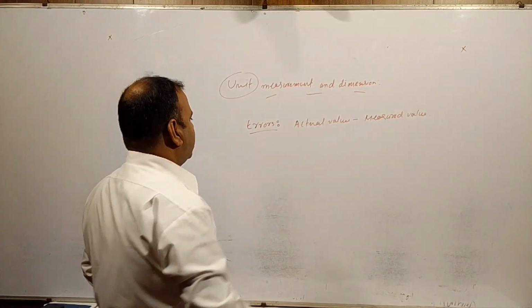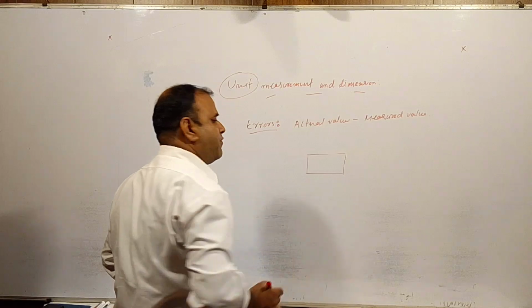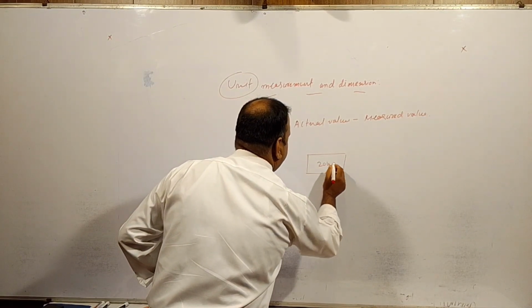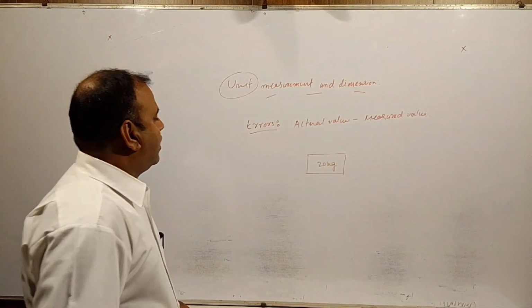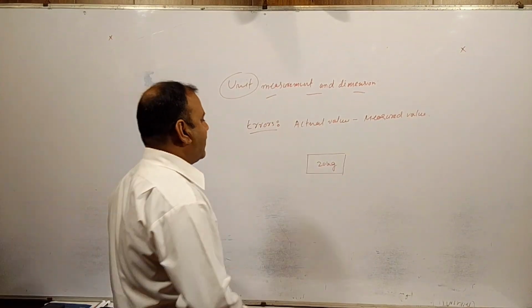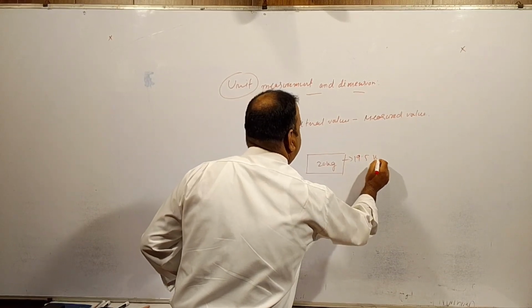Suppose you consider one object, any object manufactured by a company. Here it is given as, suppose, 20 kg. When you want to purchase this object and you measure practically, then you get, suppose, 19.5 kg.